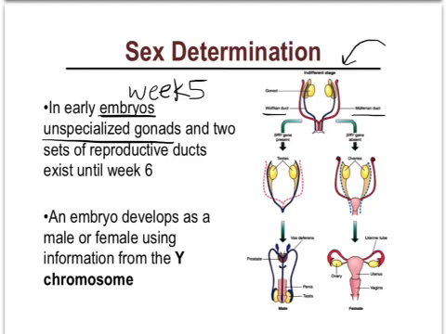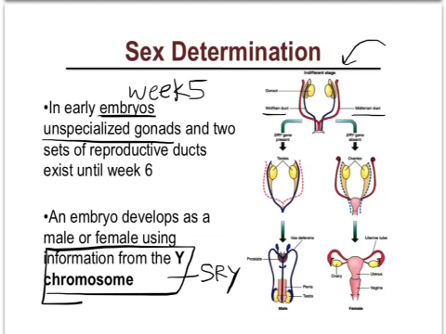Then after week 6, the decision of what those gonads are going to become comes from information on the Y chromosome. There is a special gene called the SRY gene that encodes for a transcription factor.